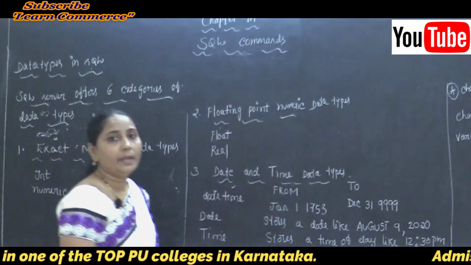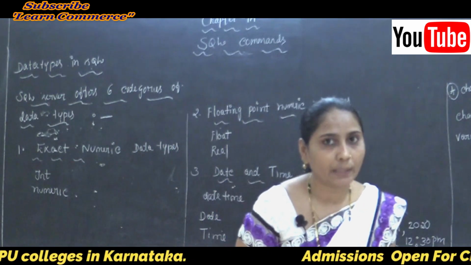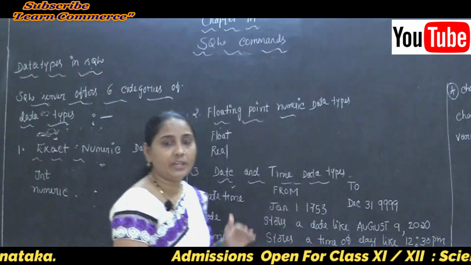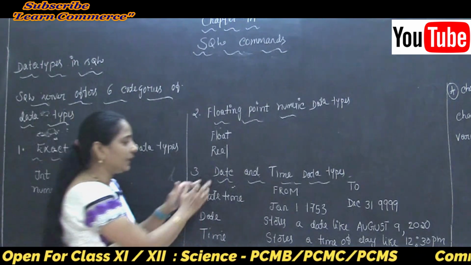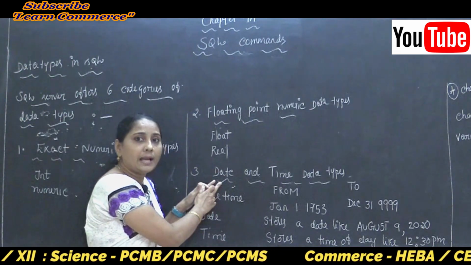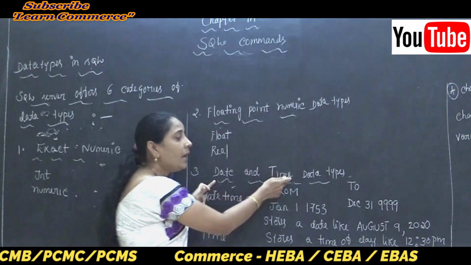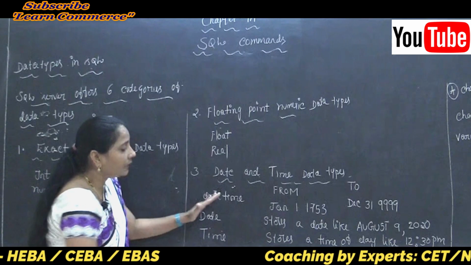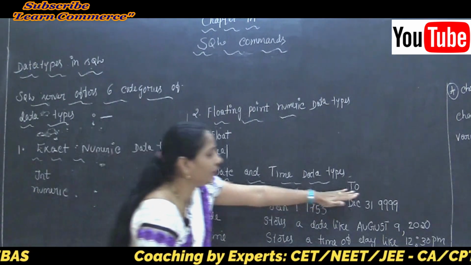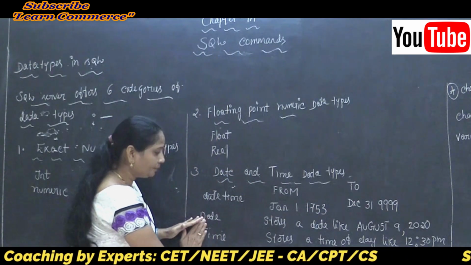Next, the third one is the date and time data type. While entering database information, sometimes we need to enter the date, and we can enter such a date using the data type called date, and sometimes we also need to use the time data type. Here I have written the date, from and to.